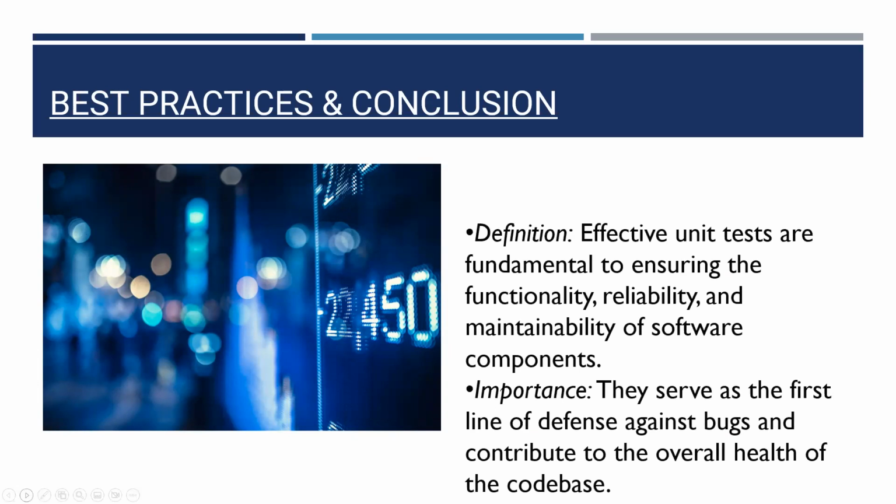So the definition: effective unit tests are fundamental to ensuring the functionality, reliability, and maintainability of software components. As for importance, they serve as the first line of defense against bugs that contribute to the overall health of the code base.